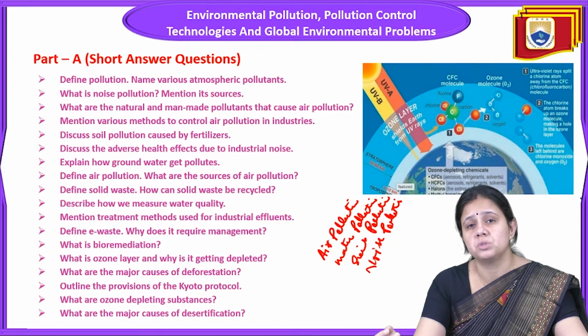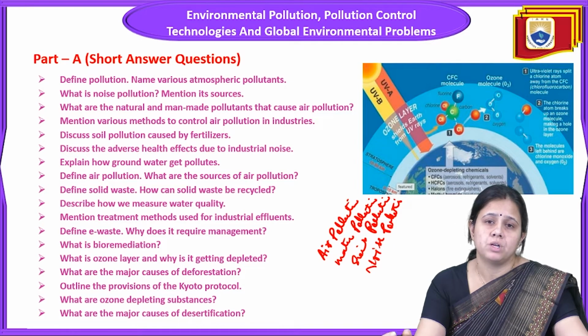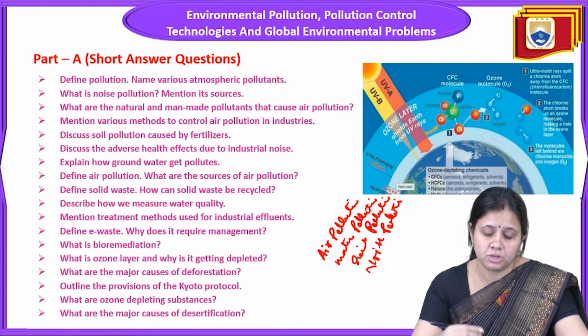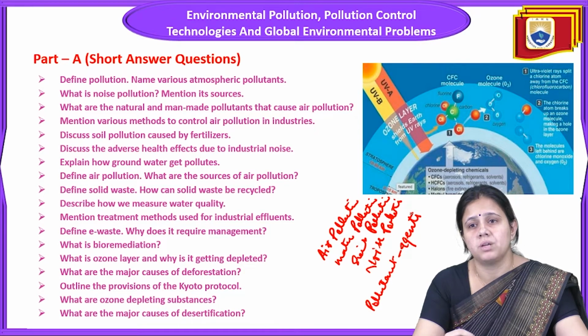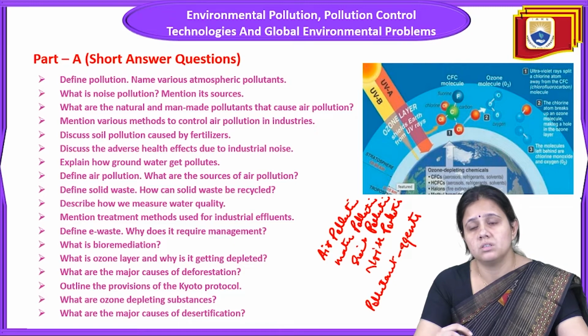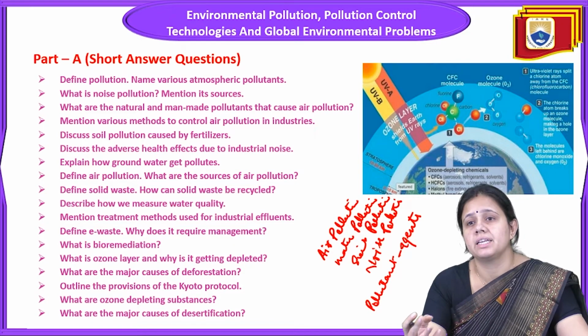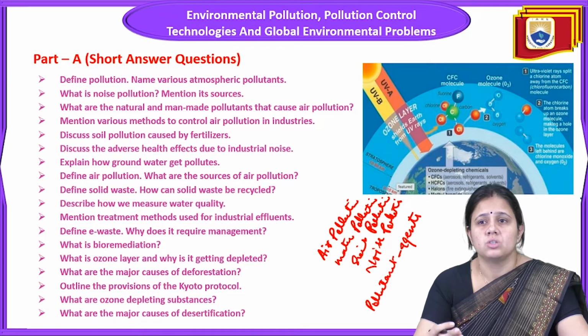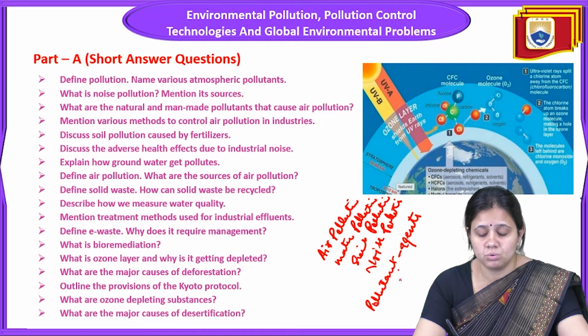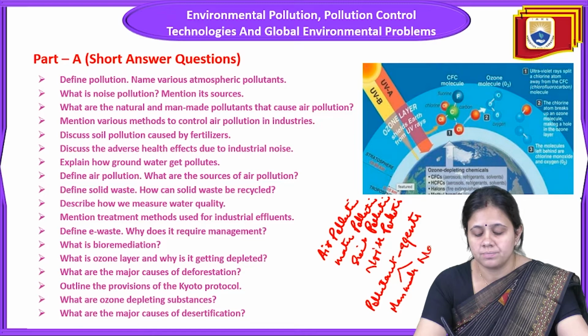There are two types of pollutants, and pollutants are those things causing the pollution. We can define pollutants as those agents that create pollution, the reason behind the pollution. Pollutants can be of two types: man-made or natural.